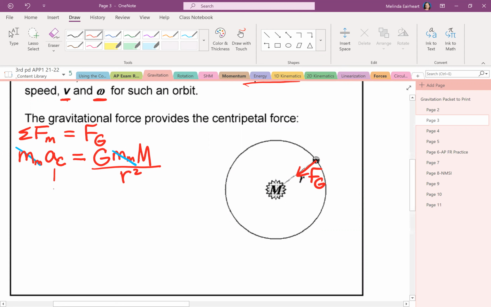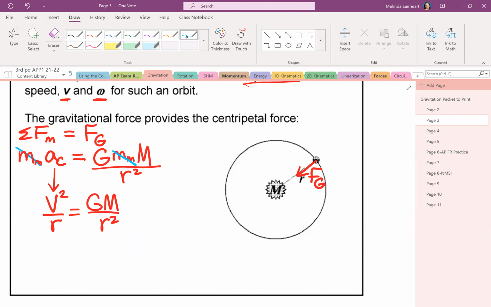And so it's been a while. What equation is on the formula chart, fifth or sixth one, for centripetal acceleration? V squared, and that's the tangent velocity, over R. And if I equate it to big G, big M over R squared, now what happens?